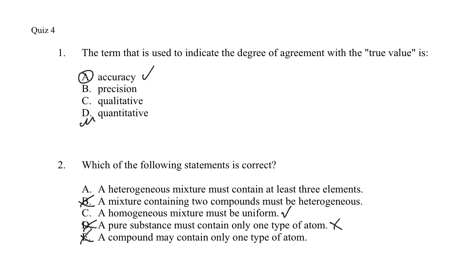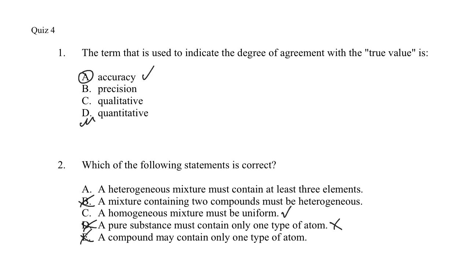If we go back to A, a heterogeneous mixture must contain at least 3 elements. The reason I wanted to come back to this one was the thought that a heterogeneous mixture, you would think it should contain 2 different substances, and the substances should generally be different atoms, but you could actually have a heterogeneous mixture of the same substance. Imagine a glass of ice water, the liquid in equilibrium with the solid. That would contain one substance, but in a heterogeneous mixture of the solid and liquid forms of that substance.